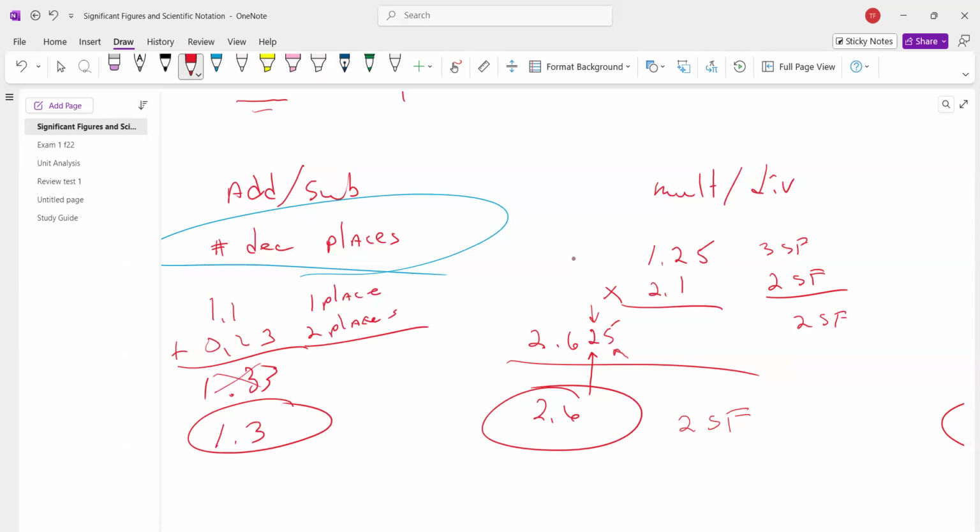Money always has 2 decimal places, regardless of sig figs. It's just the way it is, a huge exception. So those are the rules we're going to use when working with numbers. Number 1, you have to know the sig figs. Number 2, you have to know what application you're using, whether it's multiplication, division, addition, or subtraction.